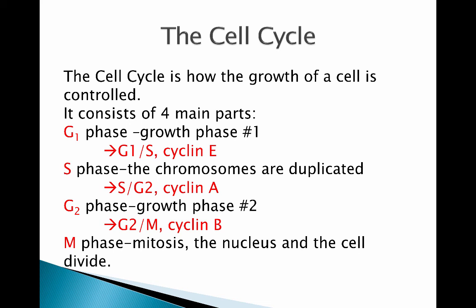Now, cyclins are proteins that somehow can sense things that will allow the cell cycle to progress. For instance, cyclin E senses, oh yeah, there's plenty of nutrients around, we can commit to duplicating our DNA. Cyclin E will bind to a cyclin-dependent kinase, activating it, and that kinase will phosphorylate a bunch of proteins, and the net result is it will turn things on, so it will commit to duplicating the DNA.